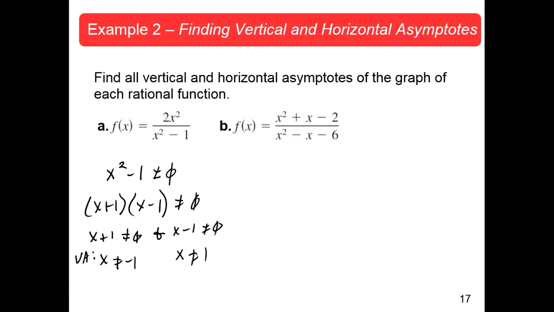What do we look at? The ratio of your leading terms. And what is that? 2, because your x's go out 2 to 1. The horizontal asymptote is, well, how do we express that? y is equal to 2.